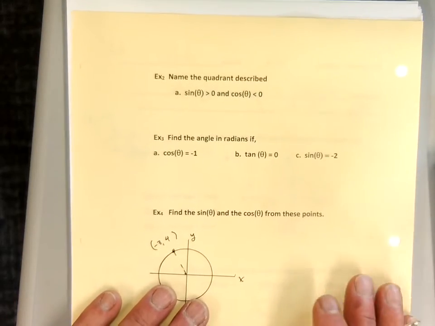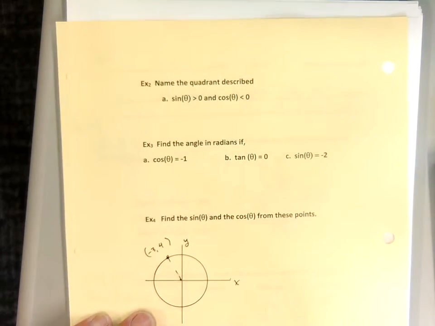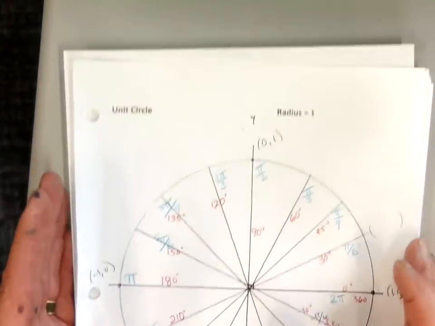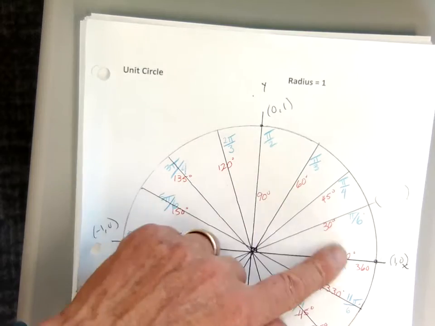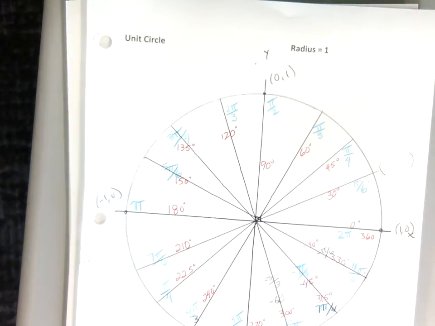Turn the page. Name the quadrants described. So one of the things I'm going to do is grab your unit circle. In quadrant 1, we're not going to put all of the coordinates yet. We'll do that tomorrow. So in quadrant 1, you would go over and up. Any point in quadrant 1 would have a positive x and a positive y.